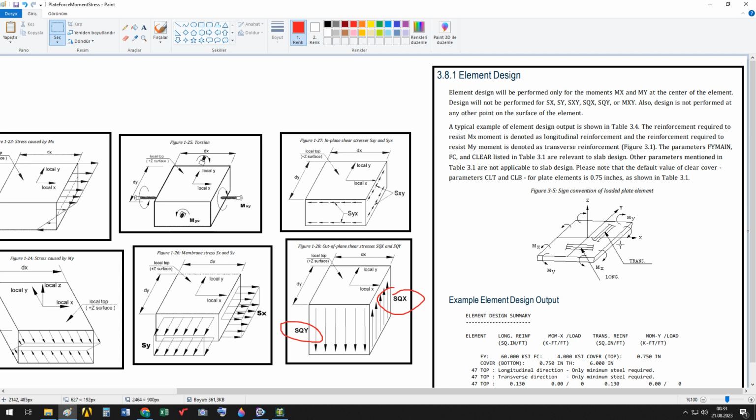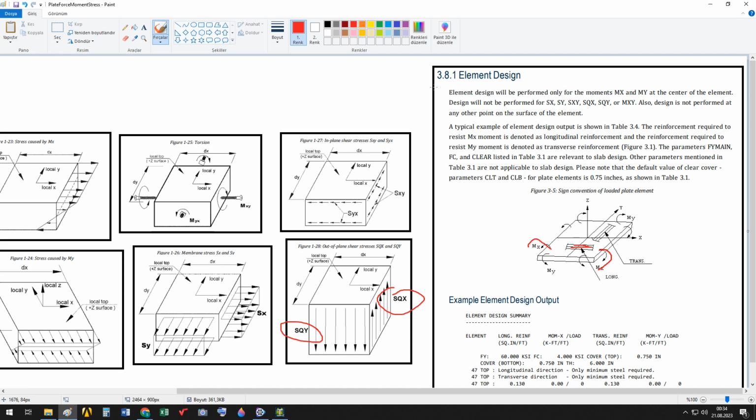Now in this figure, you see this is mx. So this is the longitudinal reinforcement. Okay, of course, the direction of reinforcement should be that one.